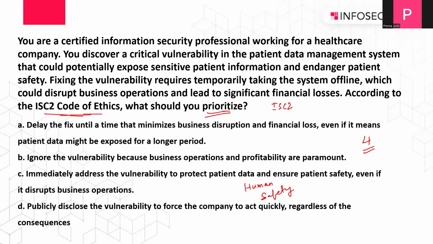That is what the ISC Square Code of Ethics says. So the correct answer is: immediately address the vulnerability to protect patient data and ensure patient safety, even if it disturbs the business operations. So this is for the first question.